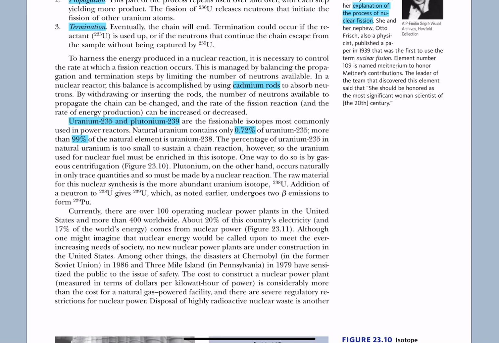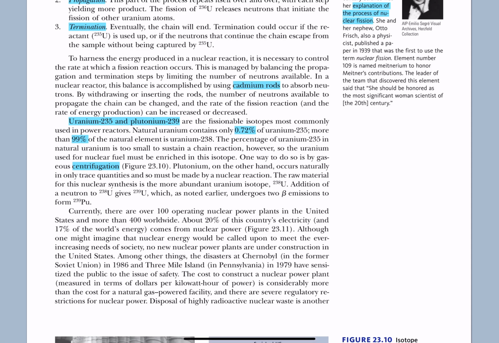And so when you mine uranium out of the Earth's crust, you need to refine it. You need to enhance the percentage of uranium-235 from its natural 0.7% up to about 5%. And we do that in a number of different ways, using centrifuges. They mention that right here.